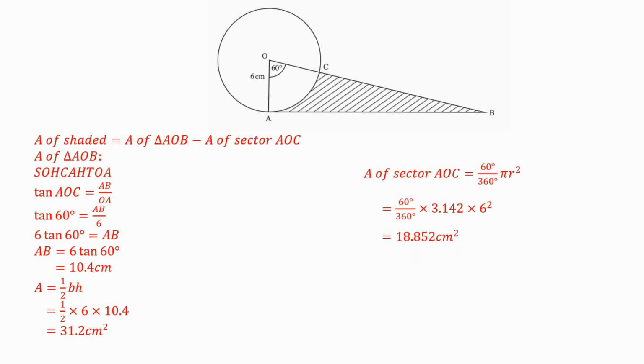So we have the area of triangle AOB and the area of sector AOC. So the area of the shaded region will be the subtraction of the two, and it is 31.2 minus 18.852, which is equal to 12.348. But since we have been asked to give our answer to one decimal place, the area is approximately 12.3 square centimeters, correct to one decimal place.